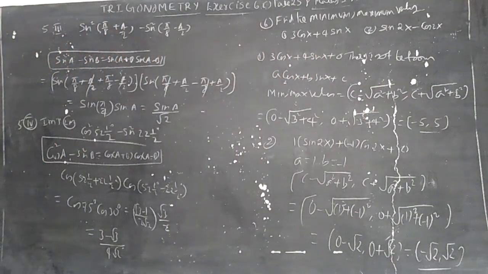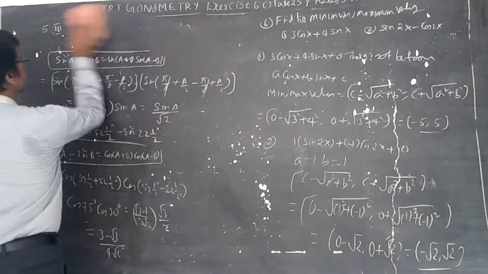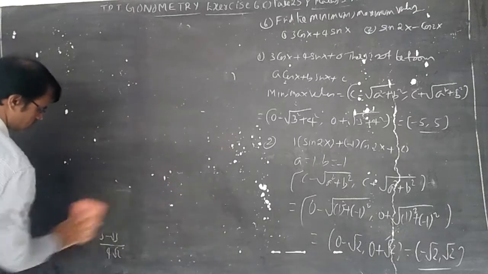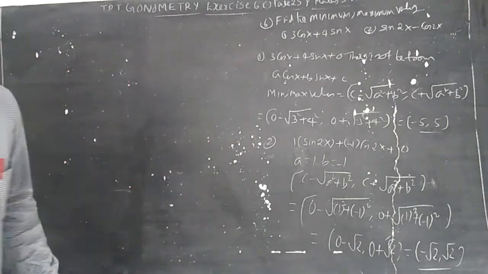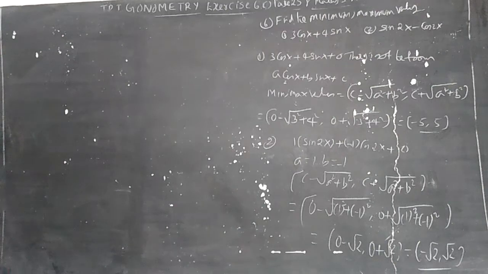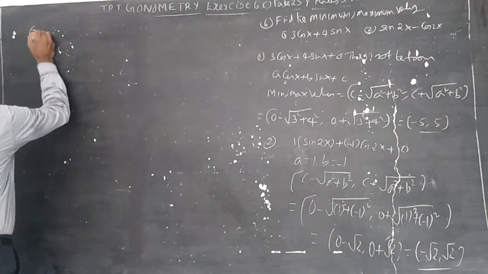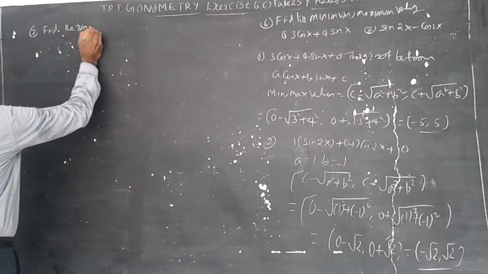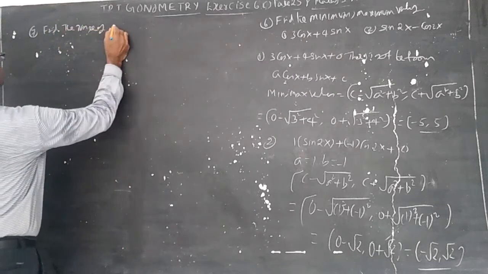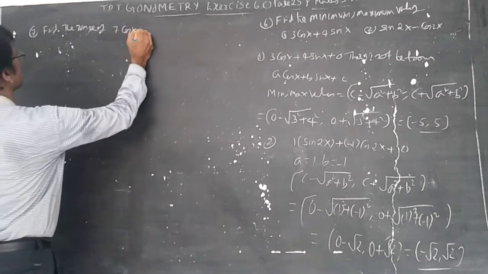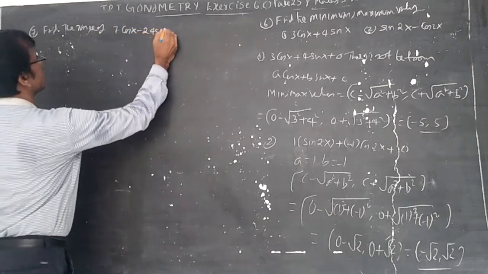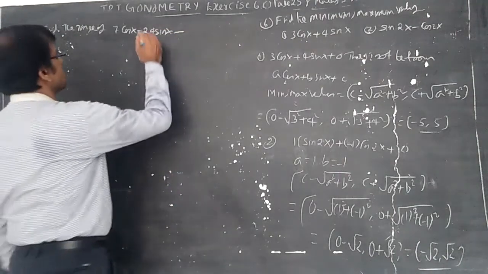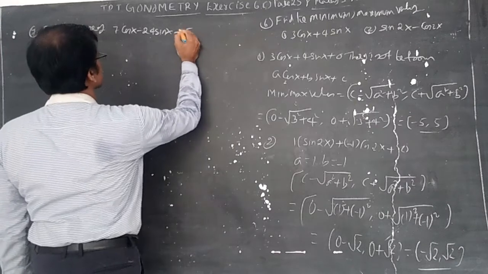Now, seventh one. Find the range. 7 cos x minus 24 sin x plus 5.